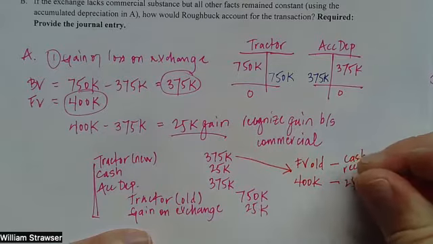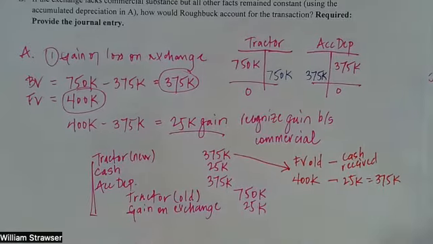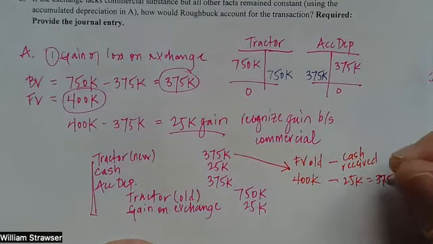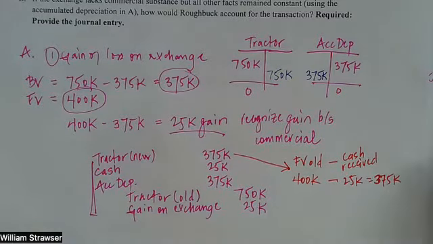And that does give me the amount that I would record based on what I gave up and the fact that I received $25,000 of cash in the exchange. But to me, it's easier to let the journal entry show me the exact amount by filling out everything until I get to that new tractor. All right. So that's the first part.